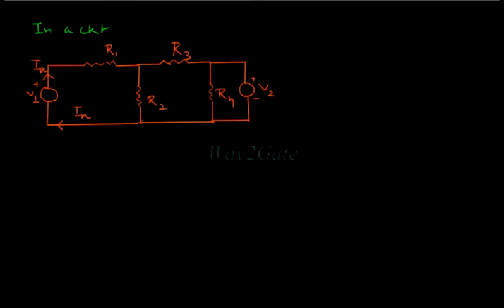Now let's see another example. Let's introduce a current source in place of R2. We cannot apply KVL in this loop as we do not know the value of resistance of the current source, and hence cannot find the voltage across it.